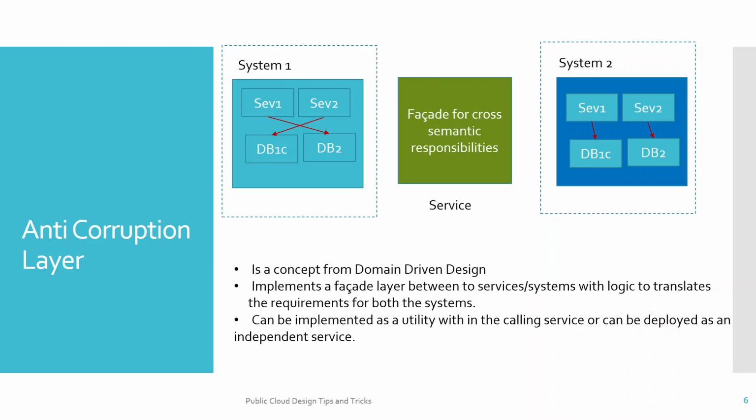For example, when system 1 is talking to system 2, and system 2 has a different requirement as an input, the responsibility of this facade is to translate between the two semantics. That is how it works and how it gets implemented. It can be implemented as a utility within the calling service, or it can be deployed as a separate microservice.